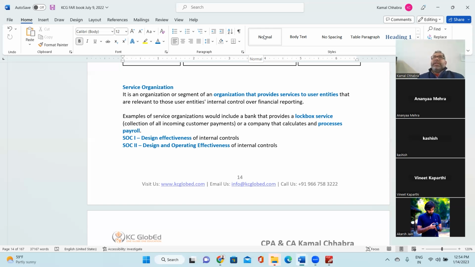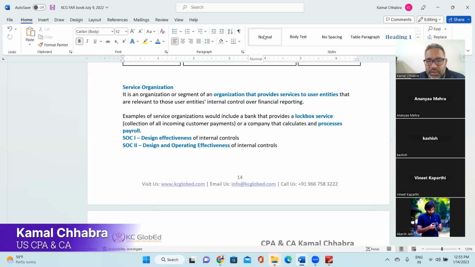Second, for issuers, if you are an auditor of an issuer, you mandatorily have to issue a report on the internal control over financial reporting, on its design effectiveness as well as operating effectiveness, right? Hence certain controls are designed and operating at the service organization.